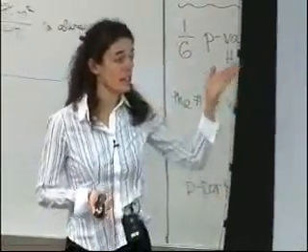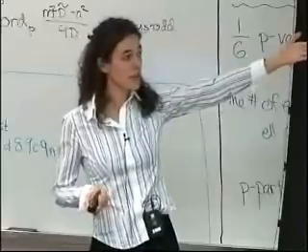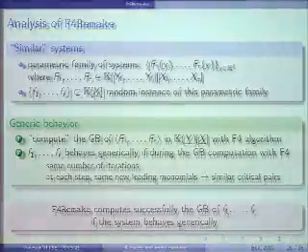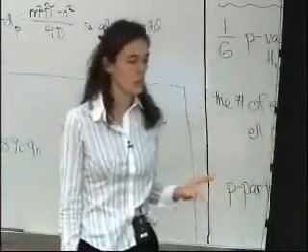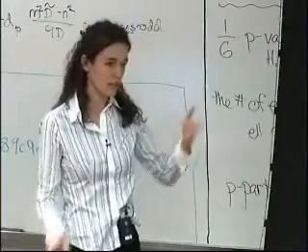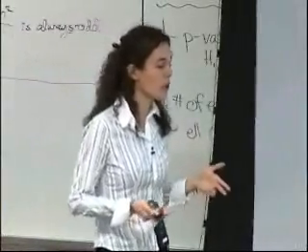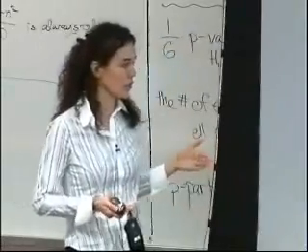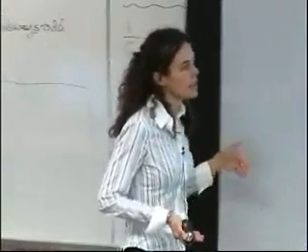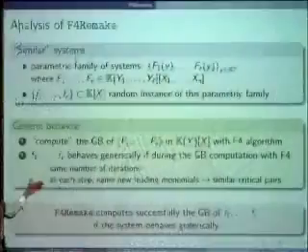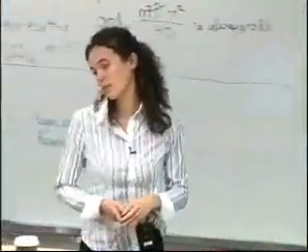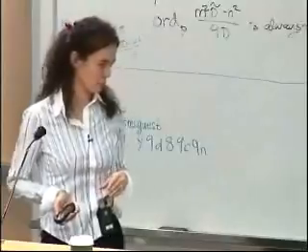It's clear that if our instance verifies this generic behavior, in this case, the F4 remake algorithm will compute successfully the Gröbner basis. Okay, if we have run the first subroutine on a generic system, then for other generic systems, we will get a good Gröbner basis with F4 remake.